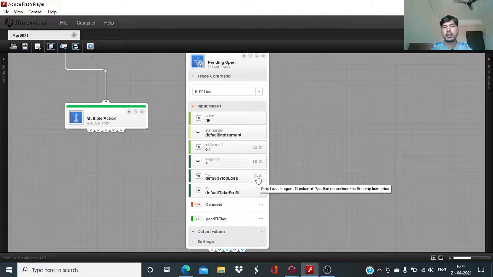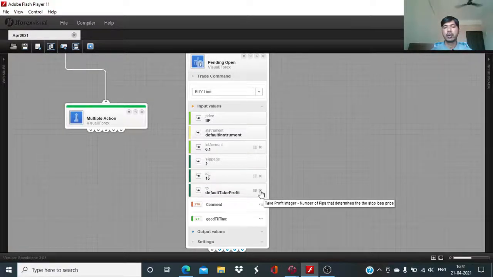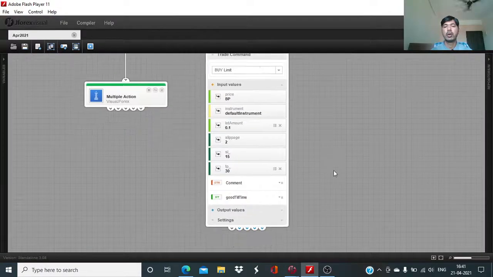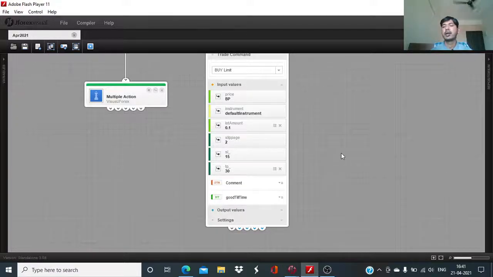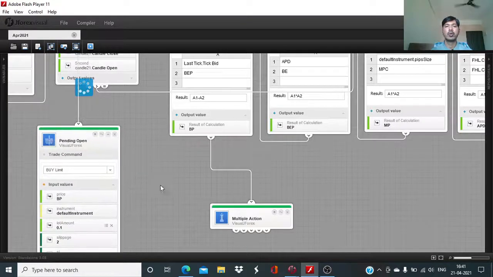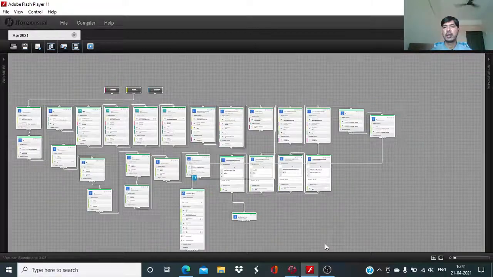Stop loss, since we are working on the hourly time frame, I think the stop loss of 15 pips is fine for the Euro USD, and the take profit 30 pips to make sure that the risk reward ratio is at least 1:2. And order validity we will define in next session, and I think order validity of 2 hours should be good enough for this setup.